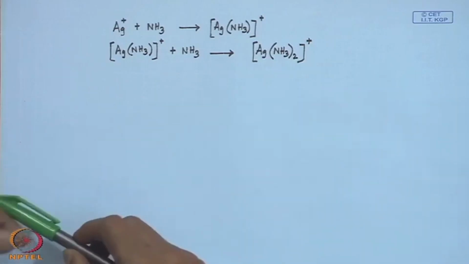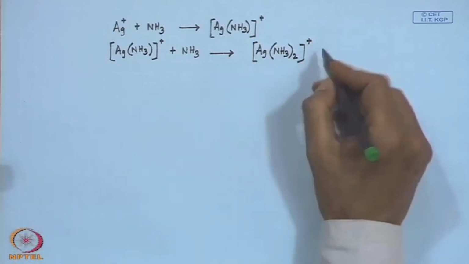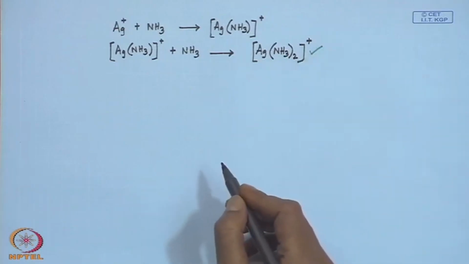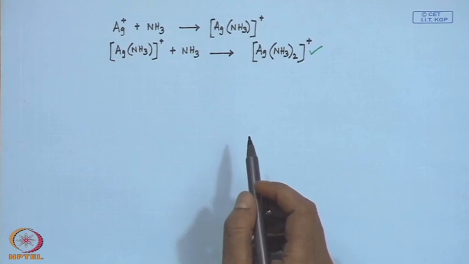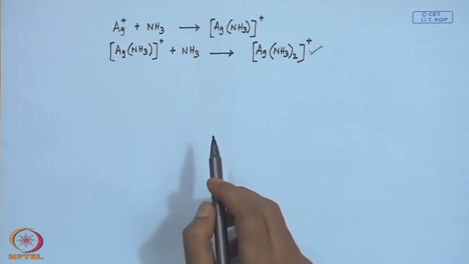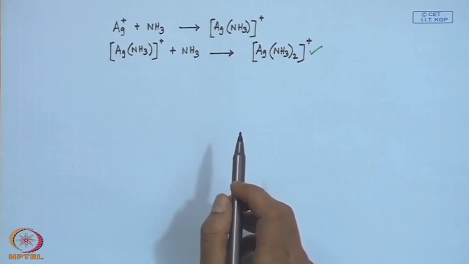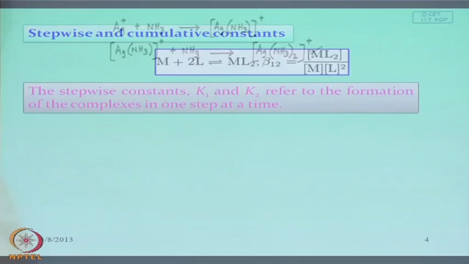So, we should know the concentration being formed, and the concentration remaining during the equilibrium process, as the silver ion concentration as well as the ammonia concentration.